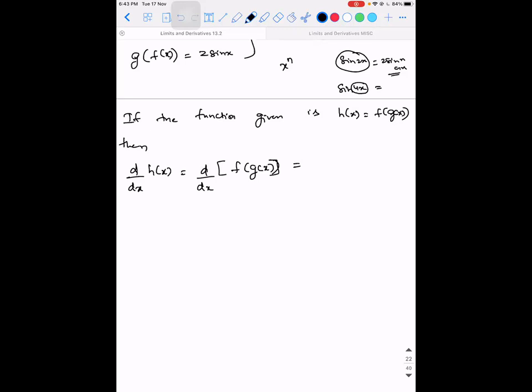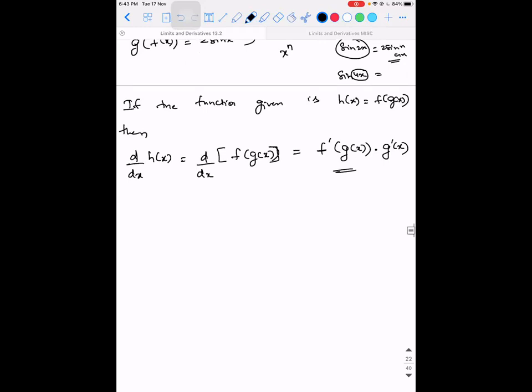This is equal to f dash of g of x into g dash of x. Make a note of this. I will explain what you're supposed to do. Write it down. It is f dash of g of x into g dash of x.